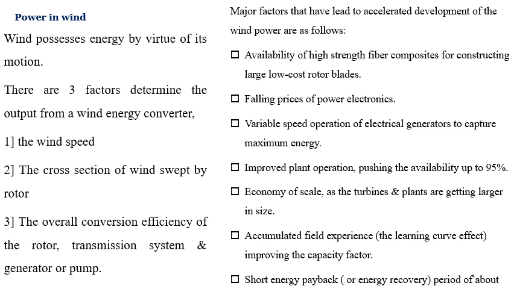The major factors that have led to accelerated development of wind power are as follows. One is availability of high strength fiber composites for constructing large, low cost rotor blades. Second is falling prices of power electronics, and variable speed operation of electrical generators to capture maximum energy.